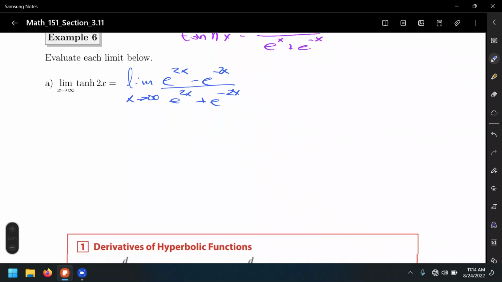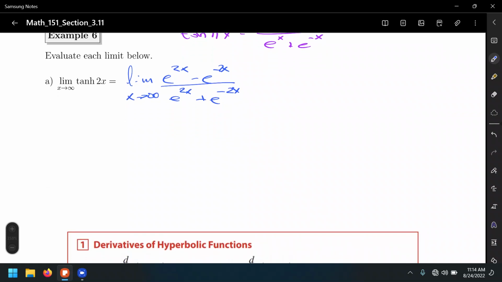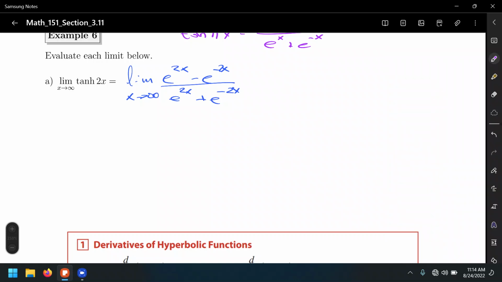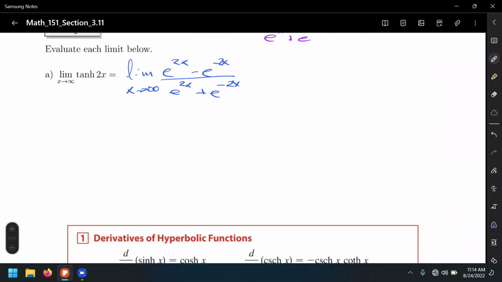So let's see what about this limit. If we analyze every single portion of the limit, ultimately we want to look at the behavior at infinity, right? So where is this term going to go as x goes to infinity? 0. What about this one? 0.